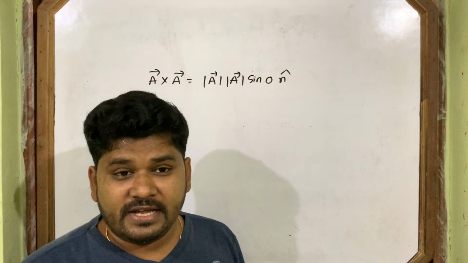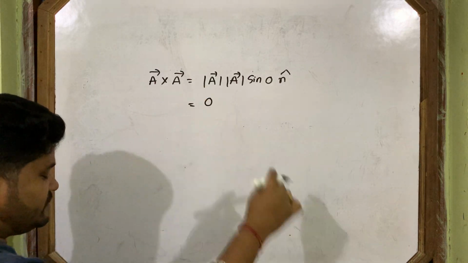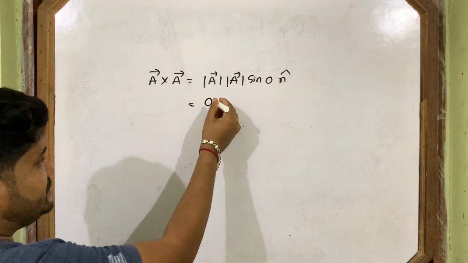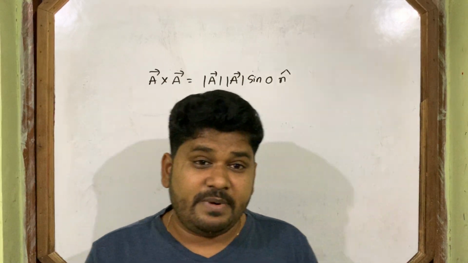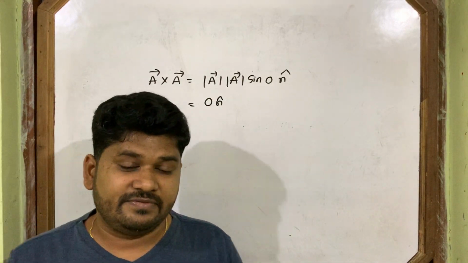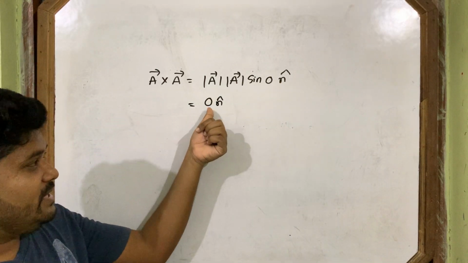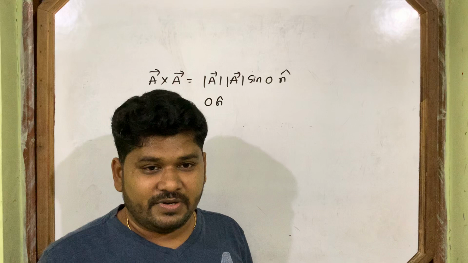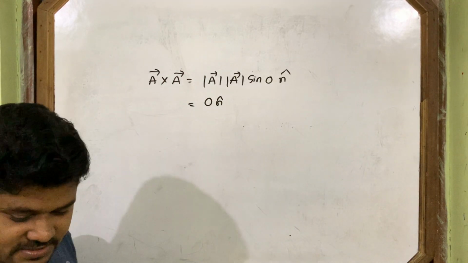Because the angle between A and A is 0. So that's sin 0, and sin 0 is 0. So this is 0 n cap. So when one vector is multiplied by cross sign with itself, then the result is 0. Okay, so this is about the cross product of equal vectors.